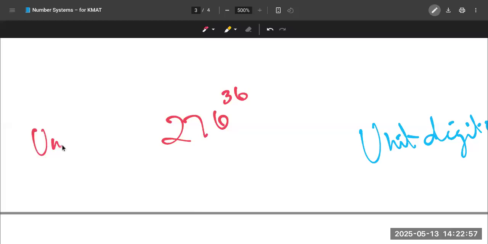It is 6, because 6 is repeating in a pattern.